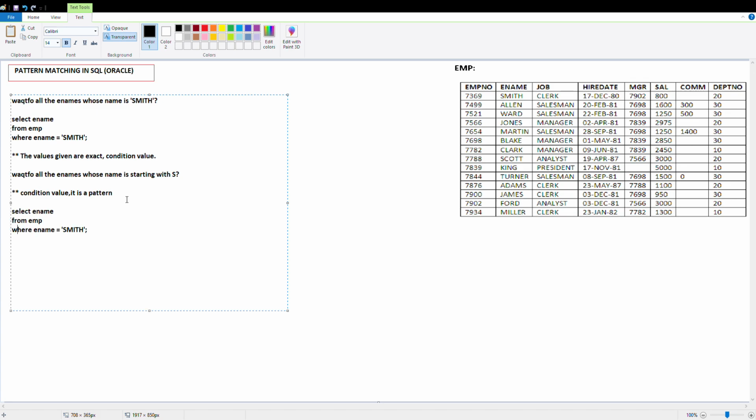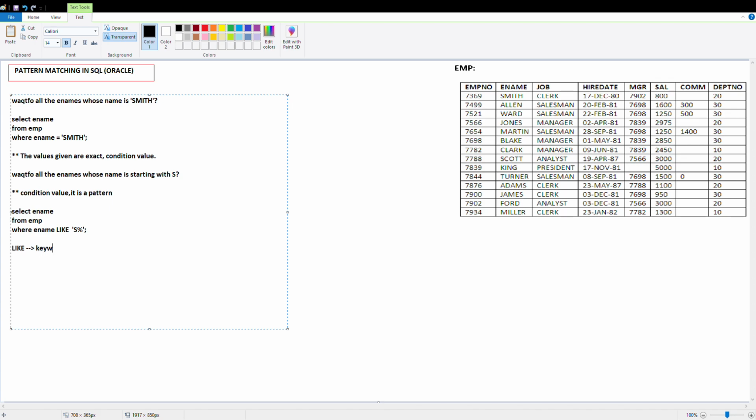You should not use equal to. Equal to is meant for exact condition values. Whenever there's a pattern, you have to use a keyword by the name like. And you have to say it should start with S, and after S anything can come, that is percentage. So two things you have to remember here. First, what is the meaning of like?